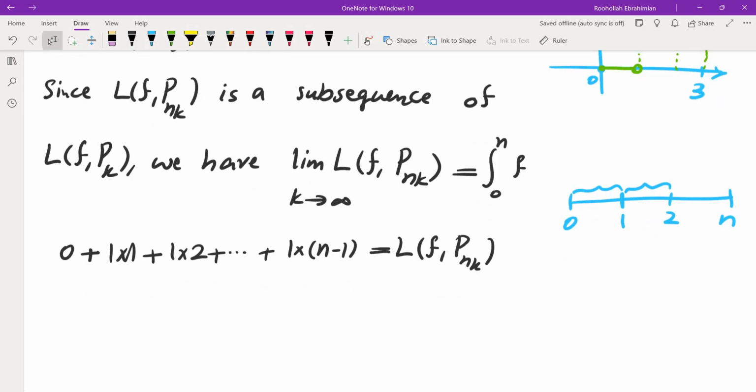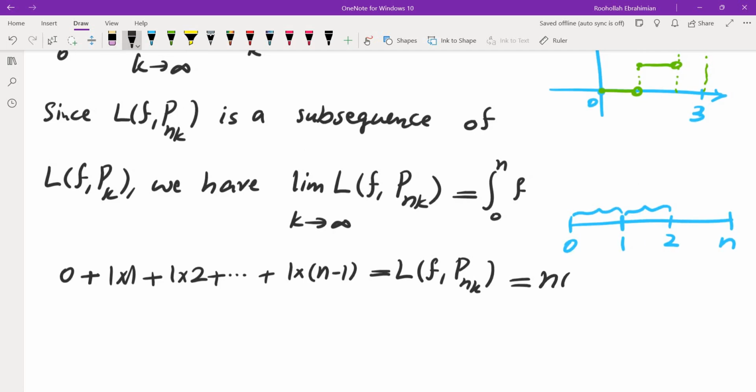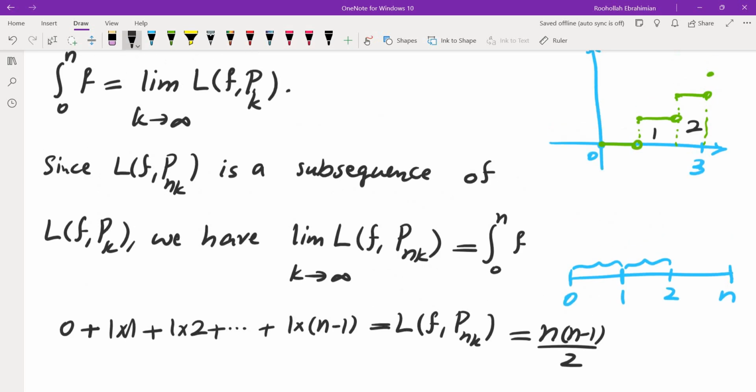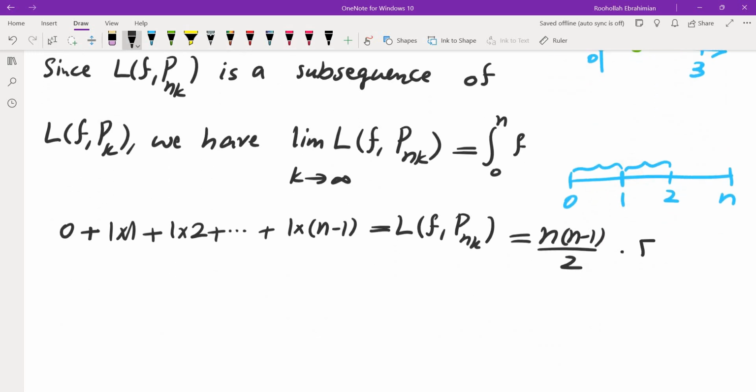So you have to write it down, but it's not very difficult to see. This is going to be the lower sum, and then you can evaluate this one. This is just n times n minus 1 over 2. So for example, the area here from 0 to 3 would be 1 plus 2, which is 3 times 2 over 2. So there are some details that need to be worked out, but that is essentially what you get.